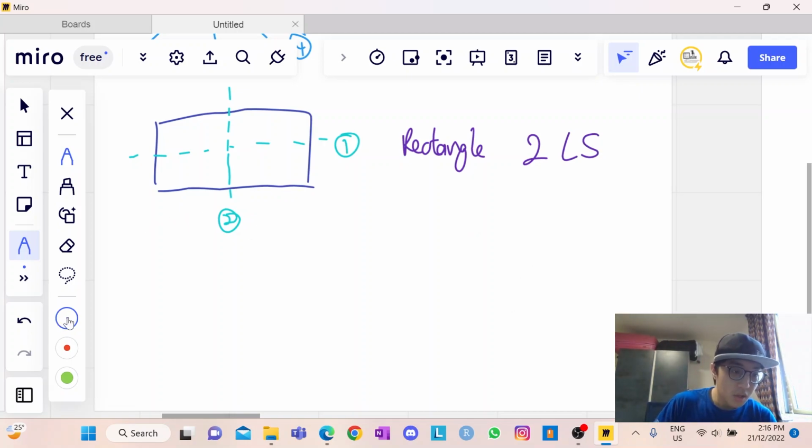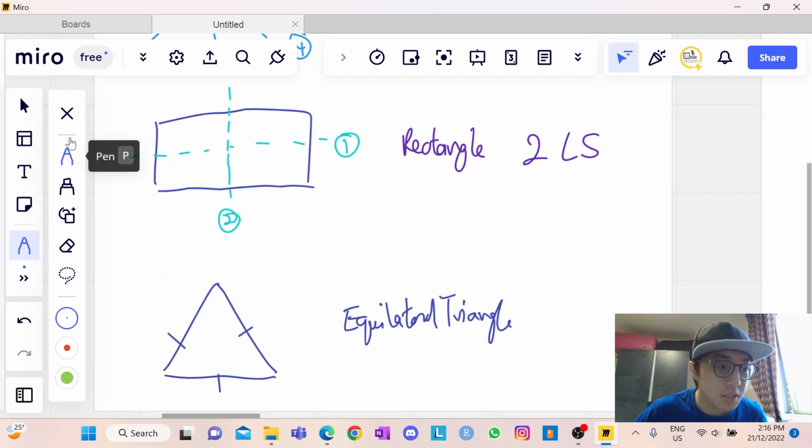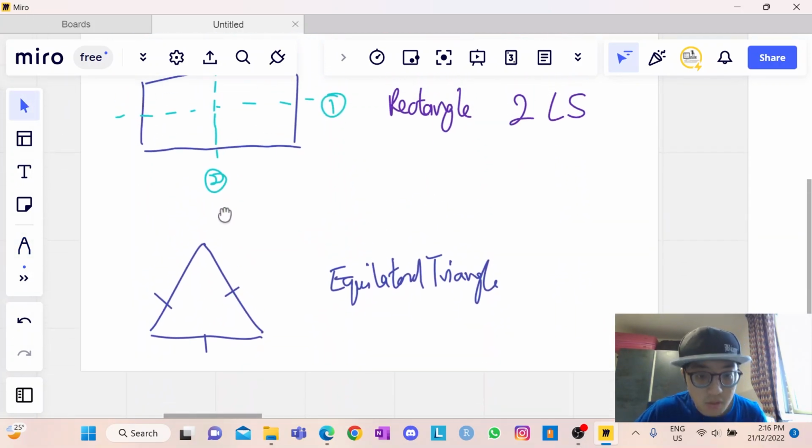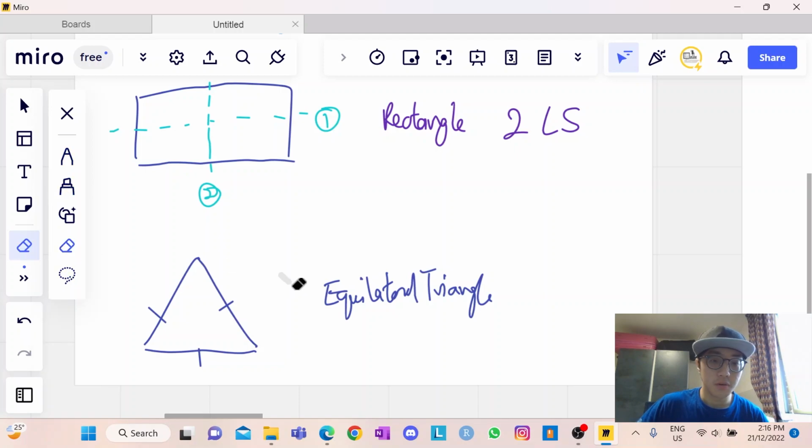I'm just going to give a last example, an equilateral triangle, where all 3 sides are the same. Let me change the format here.